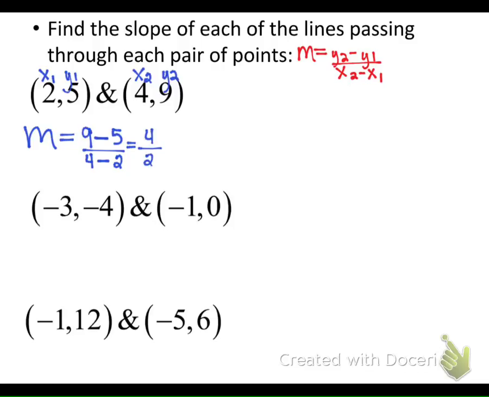I'm not done because I have to reduce or simplify. 4 over 2 can be reduced. You can either use your calculator, or you could reduce if you know what both numbers are divisible by. If you type in 4 fraction button 2, it'll reduce down to a 2. Because I'm doing slope, what do I need to put under that 2?